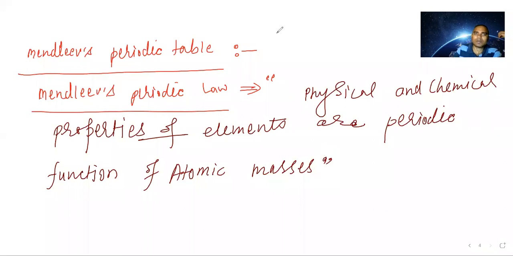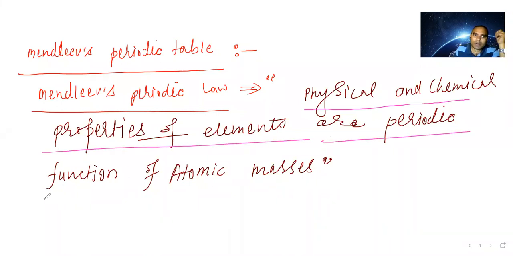Getting my point? So let's try to understand. They are saying physical and chemical properties of elements are a periodic function of atomic masses. How can we write this in a different statement?